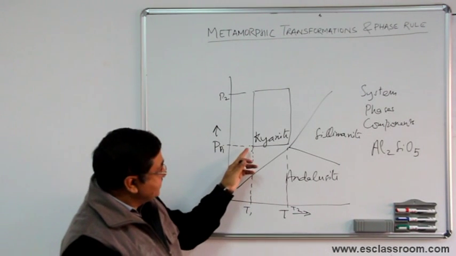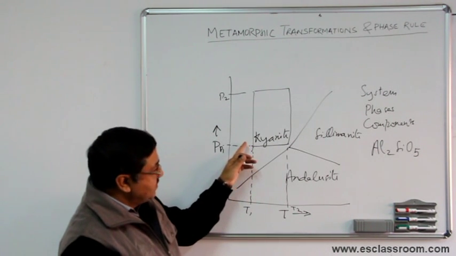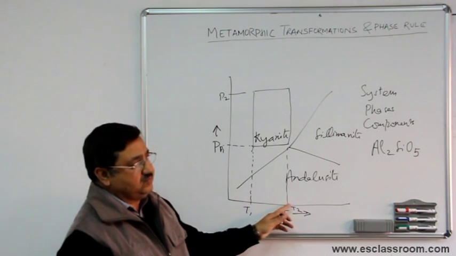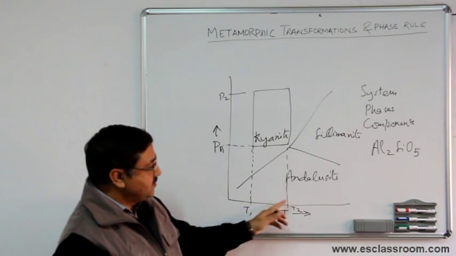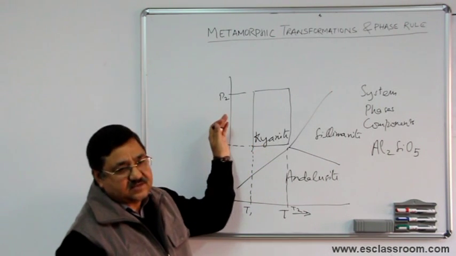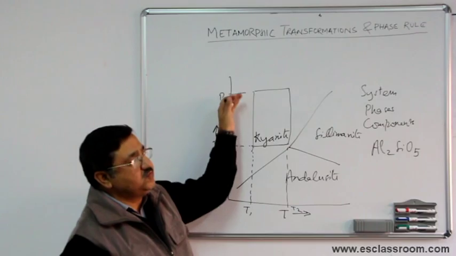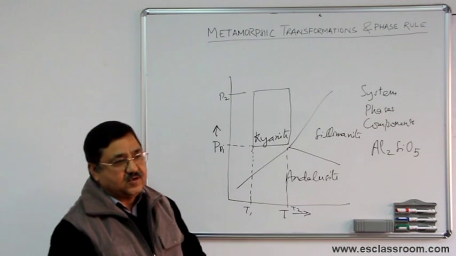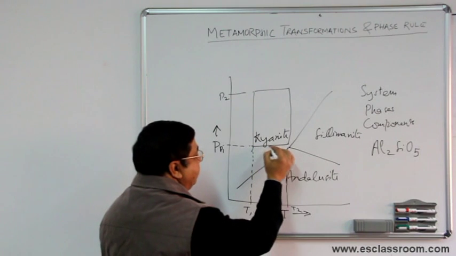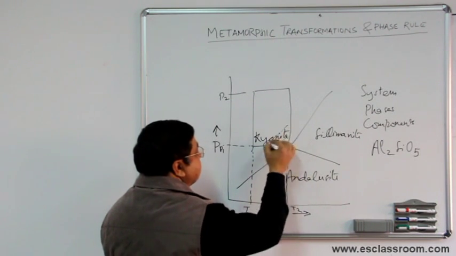Now if I change temperature from T1 to less than T2, and at the same time I change the pressure from P1 to less than P2, there will be no change in the system. That is, we will always remain within this area.